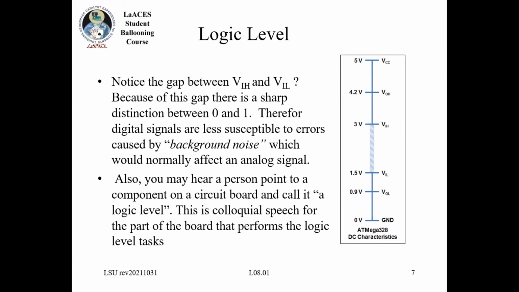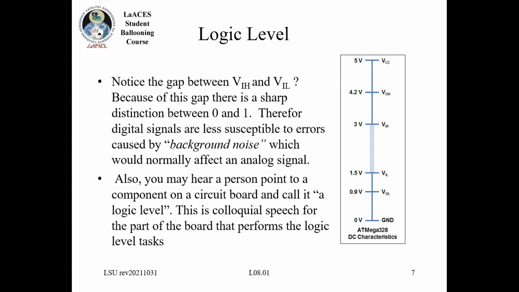And again, here is the answer to the question we just talked about. There is that gap between the voltage input high and the voltage input low, which is the 3 volt to 1.5 volt gap, right? So you shouldn't ever see anything in there.